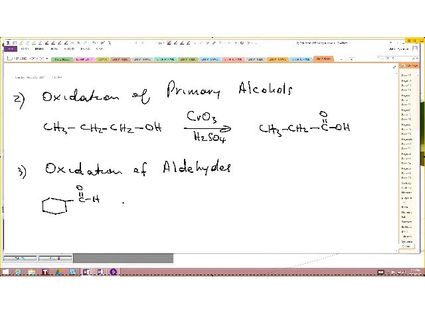If we use this specific example here, of course, we could use the same chromium trioxide in acid.